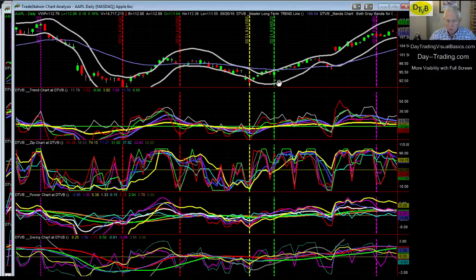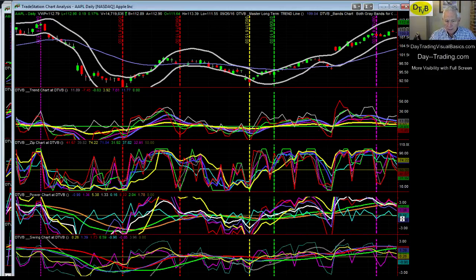unrecognizable, because your gray bands are going up here, and all of your short-term trend lines are going up. So you always keep in mind where your trend lines are, and as I have indicated before, your fast lines are the first line of a trend change, and then you verify that with your swing lines and so on.